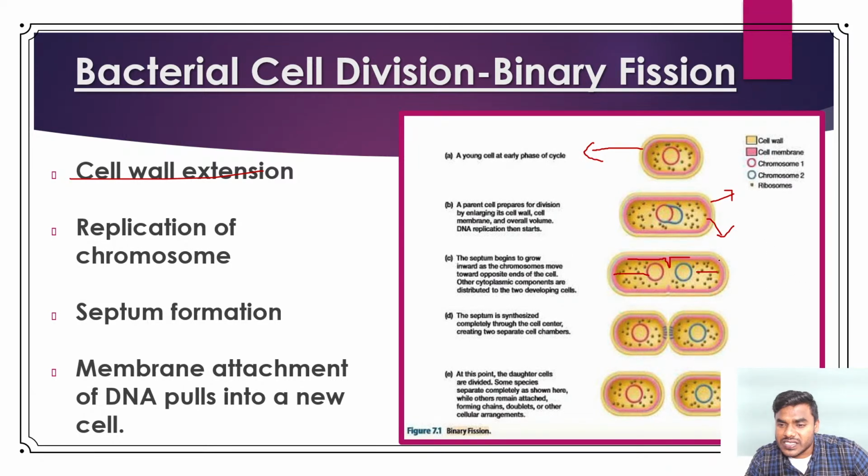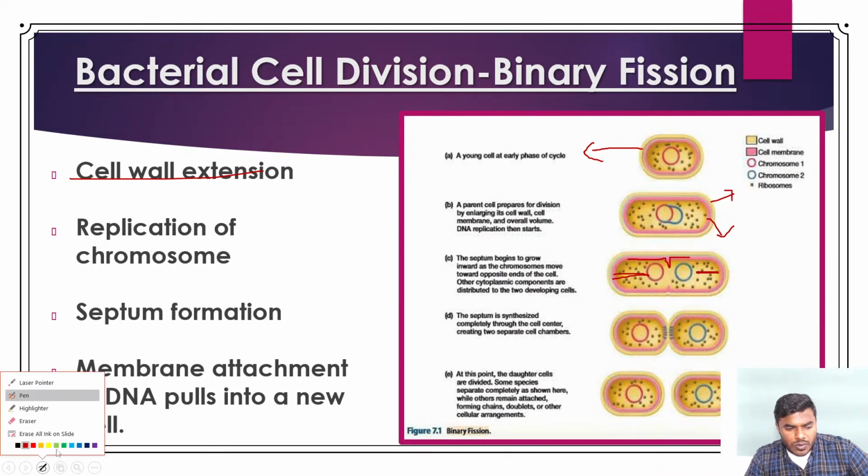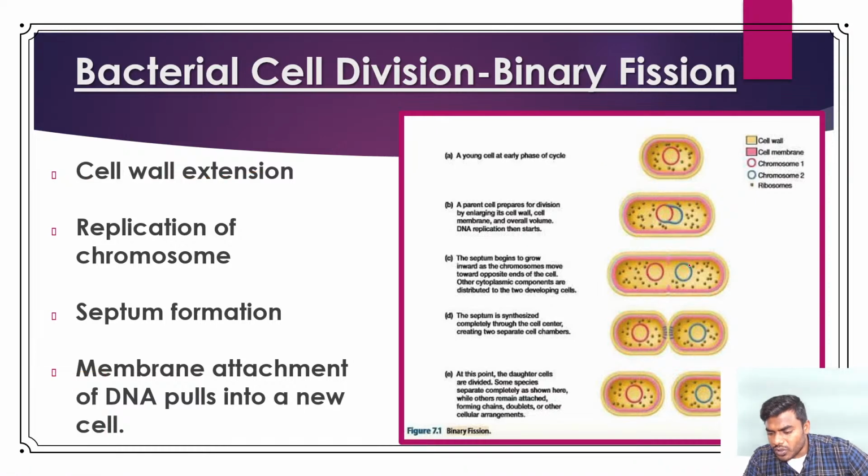Septum formation is bringing the duplicated chromosomes towards the end of the cell. Please remember, whenever the chromosomes are moving, apart from the chromosome, ribosomes are also moving, as well as the cytoplasmic content.